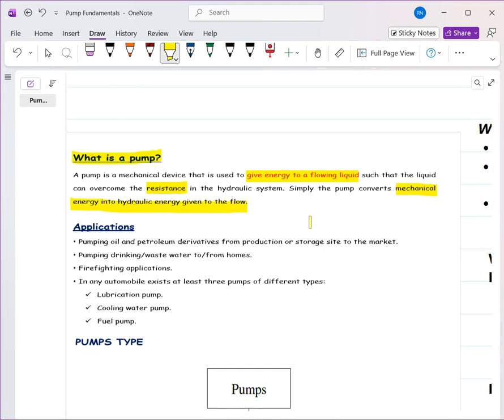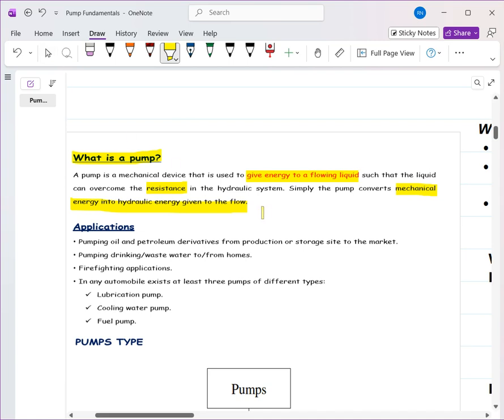So what is the resistance? Resistance is friction, elevation, or any type of equipment that can cause resistance to the flowing liquid in the hydraulic system. So to overcome this resistance, we have to give energy to the flowing liquid.